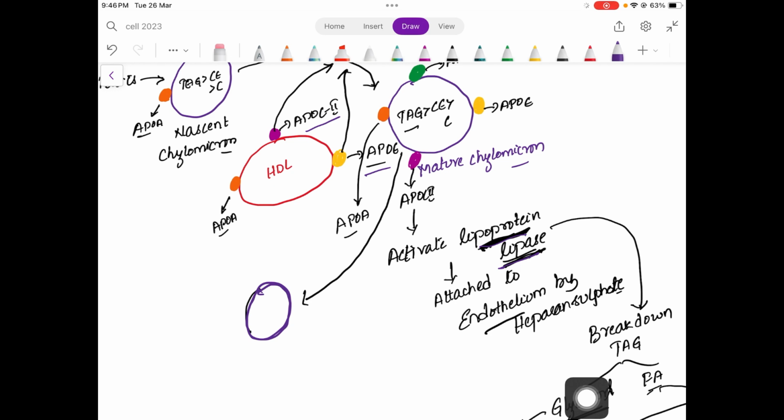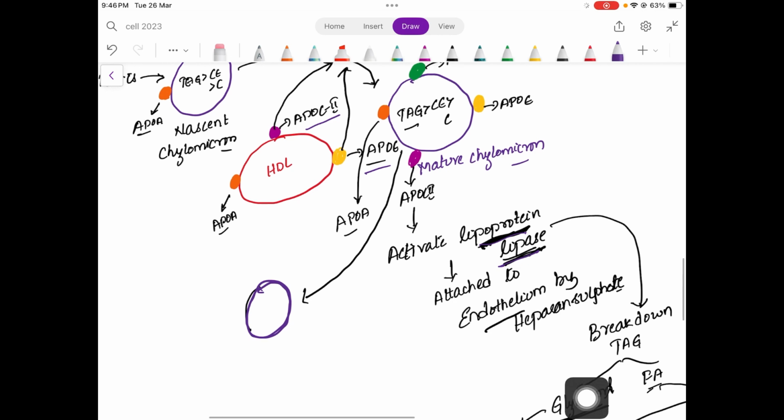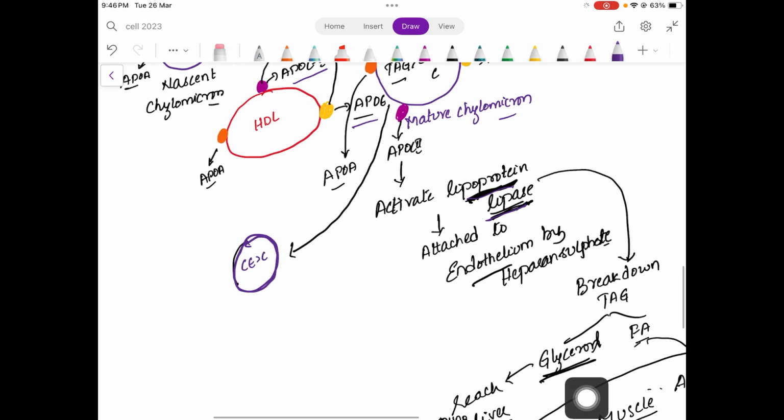Now this chylomicron doesn't have much triacylglycerol, and it will have cholesterol esters greater than cholesterol. The size decreases and the density will increase.